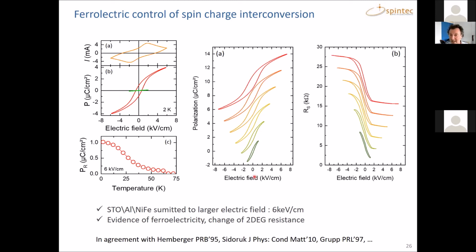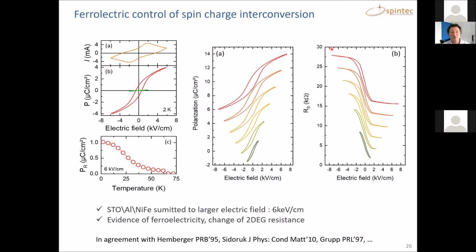In line with that, the square resistance of the gas is also altered by this electrical field, with a small remanence, a difference in remanence with respect to the history of the hysteresis loop.